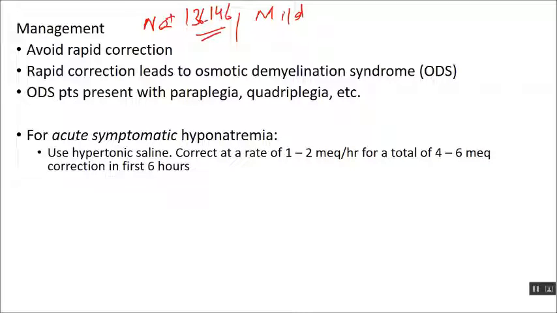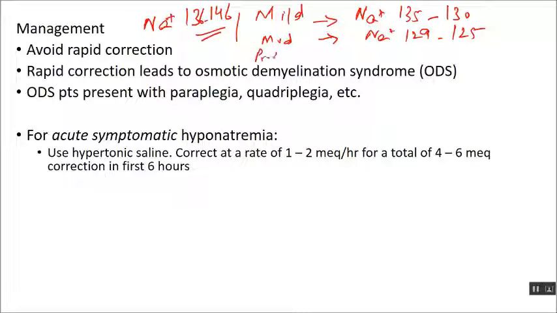Some labs say 148, but that's the normal sodium. So mild hyponatremia is a sodium level of 135 to 130. Moderate is considered 129 to 125, and profound is considered any level which is less than 125.